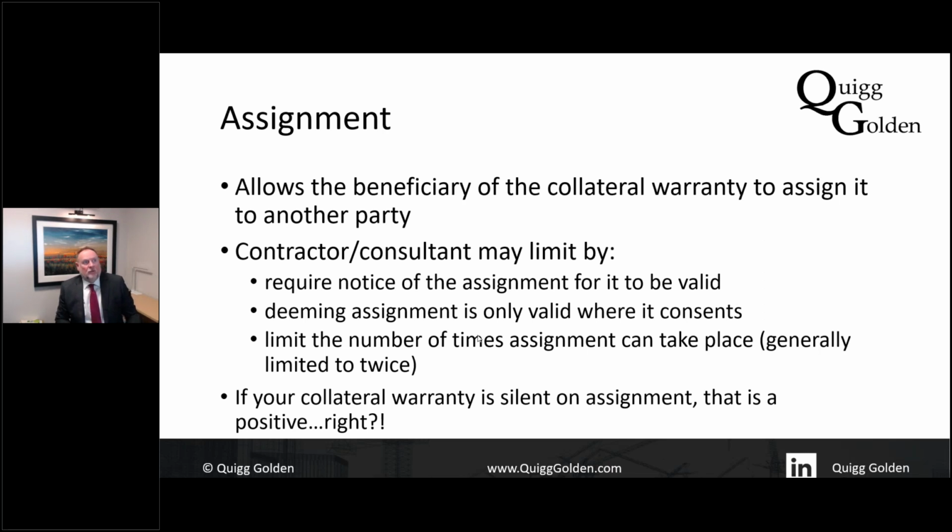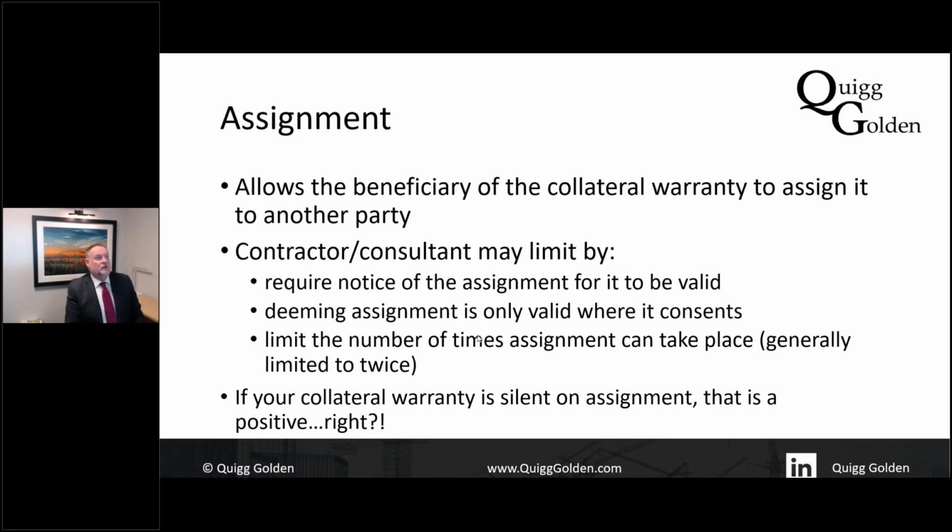Sometimes people think, oh, that's great, this warranty doesn't say anything about assignment, so they can't do it. Well, that's not true. You have a right to assign the benefit of a contract as a common law right. So in fact, the assignment clause will limit the way in which it can be assigned.